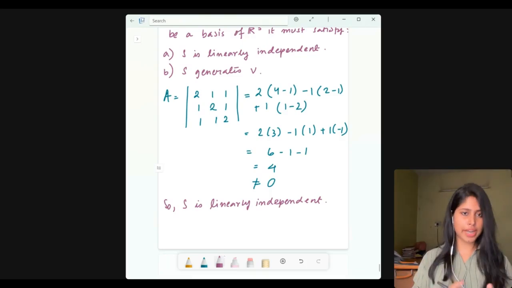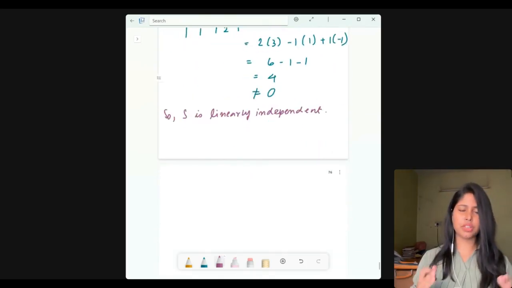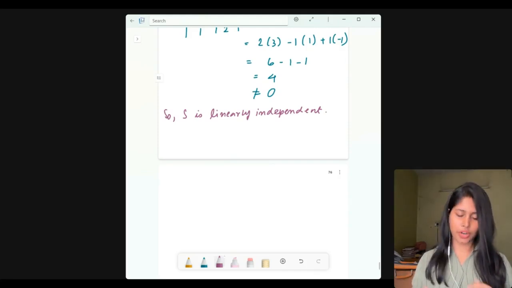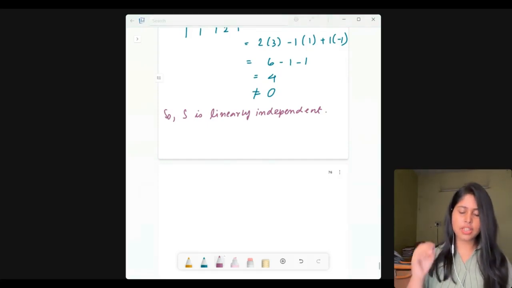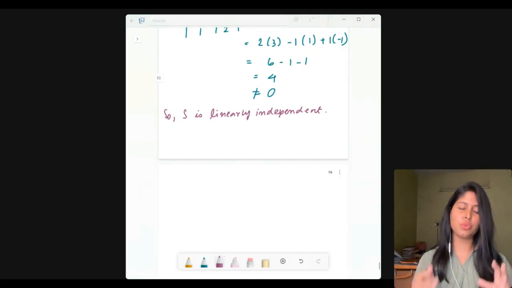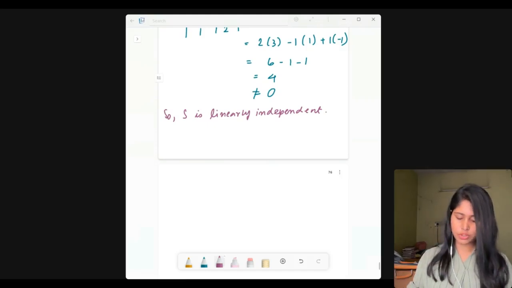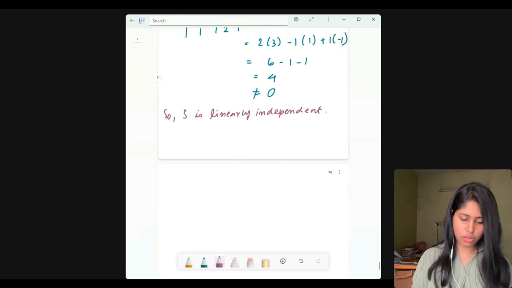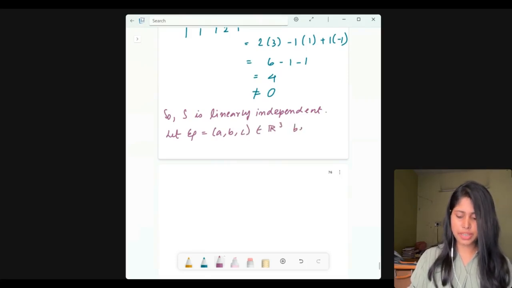We will first let (a, b, c), which belongs to R3, be any vector, where a, b, and c belong to R. This is the standard notation and the standard lines that you need to write for your exam paper.